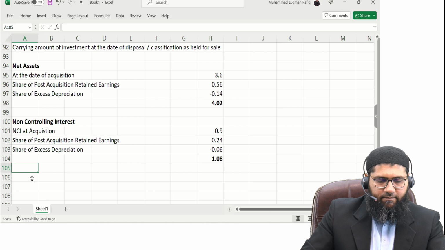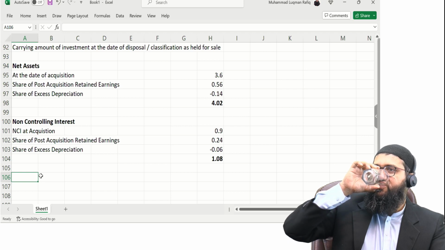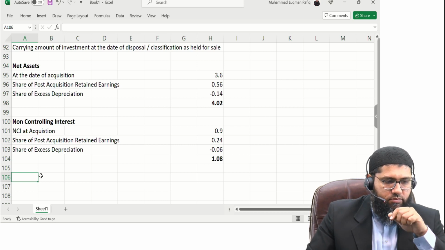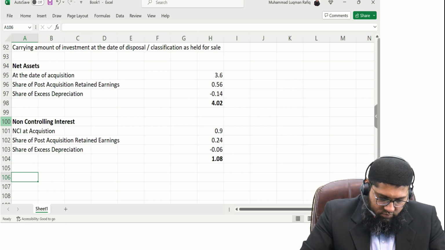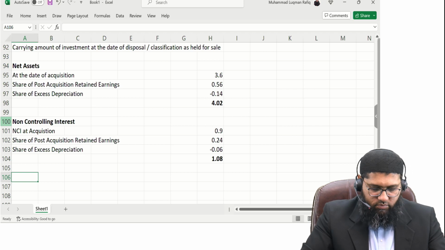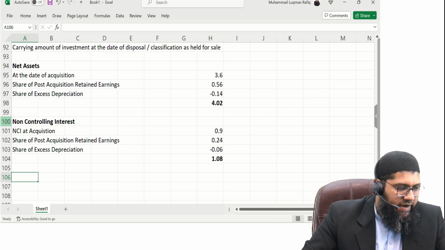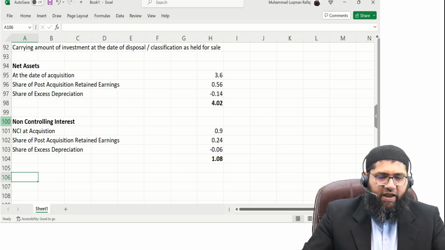So what would happen is that, okay, we have been able to calculate that this is what the non-controlling interest is going to be at the date of the classification as held for sale.